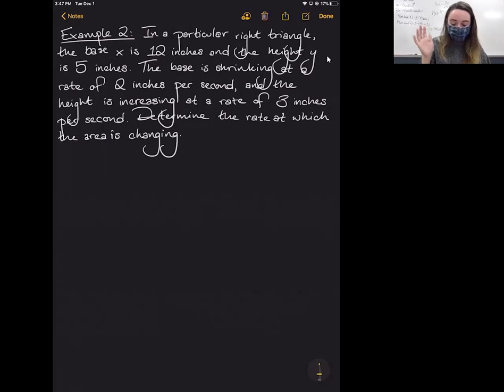Okay, so first thing that I want to do to tackle this problem is draw myself a picture. I know this is a right triangle, and I know that the base x is 12 inches and the height y is 5 inches.